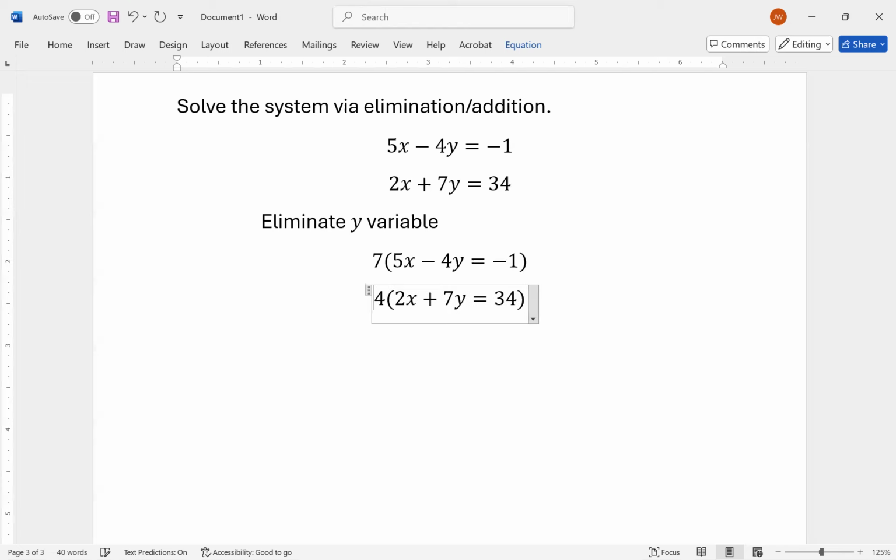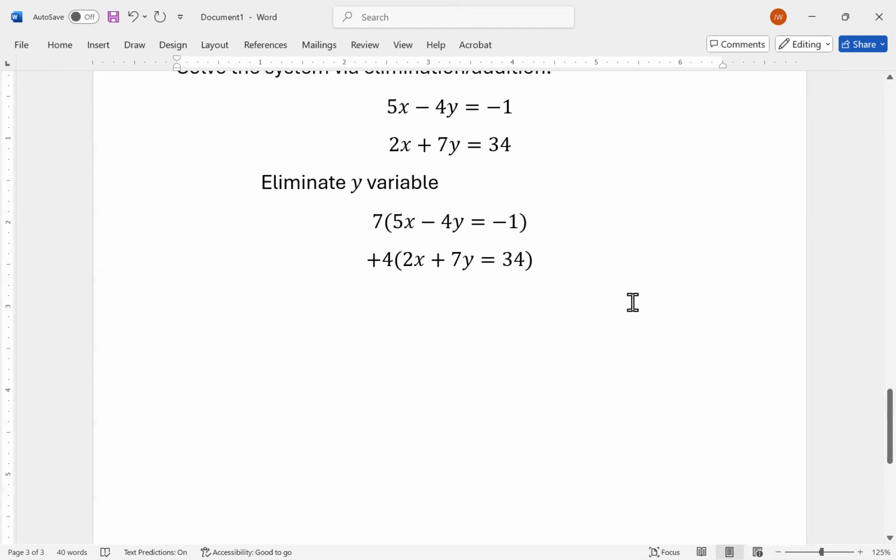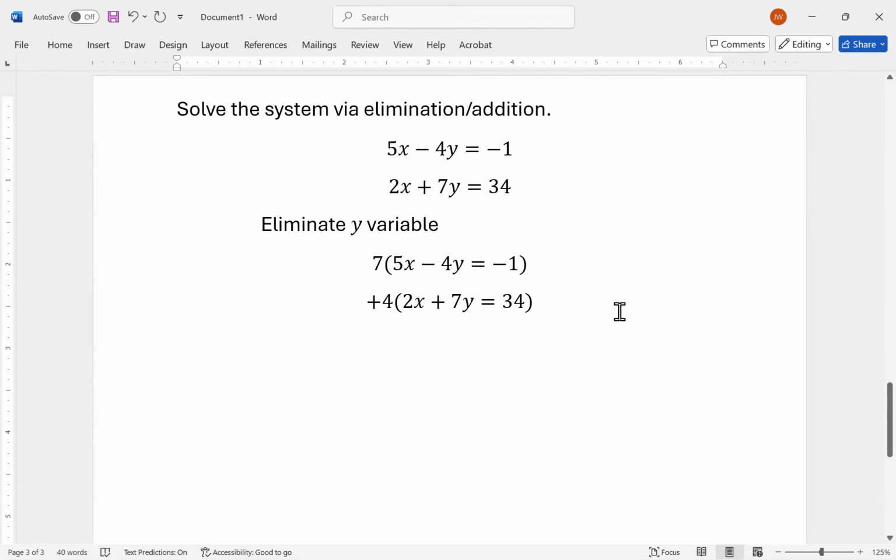And then I switch one of the signs. I'll switch the -4 to a +4. And then I'll multiply by those coefficients, so multiply each term in the equation.